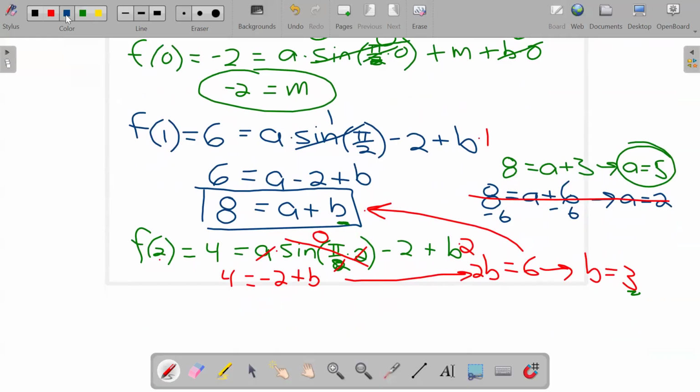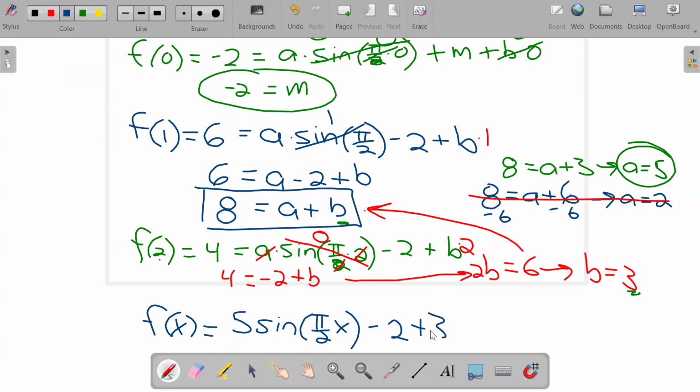So we think our f of x now is, a is 5, so 5 sine of pi over 2x. m was -2, so minus 2, plus we think b is 3 times x is our function.